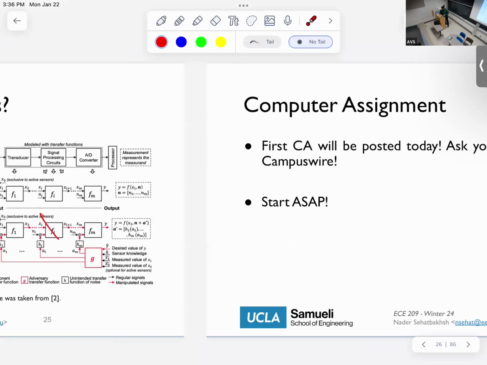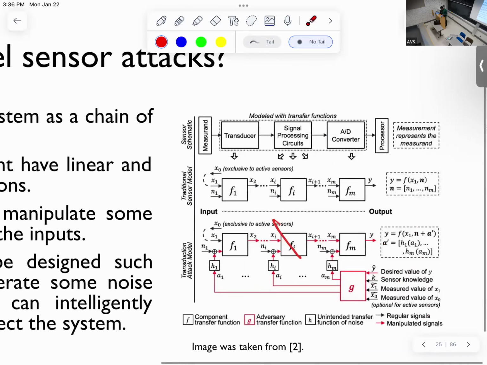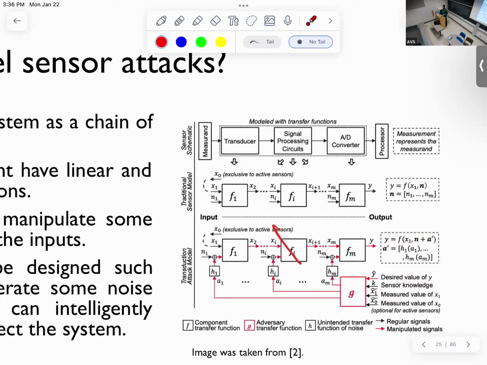And the important thing is that systems should be designed such that they're actually robust against this noise. When I have this transfer function here, I can predict, for example, that this is the amount of noise I can tolerate before the output of any of these functions actually changes, right?